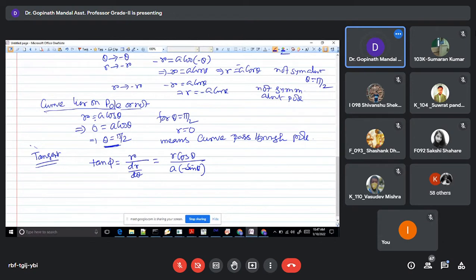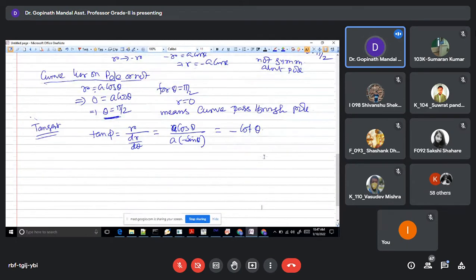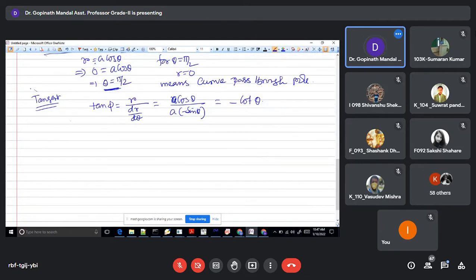So here a cancels, and it will be minus cot theta. Now I construct a table: theta, r, and phi.